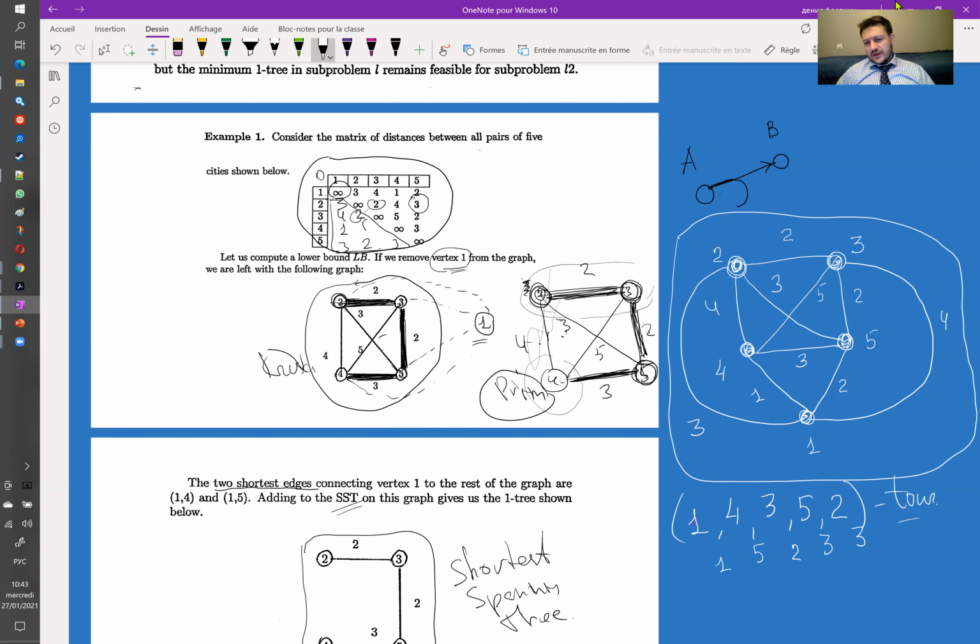So we have here 14. This tour is not an optimal one. We know that the optimal value is 11, because we have solved it. So this one is not the solution.